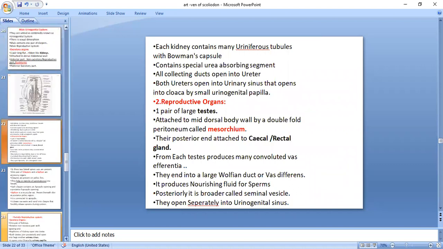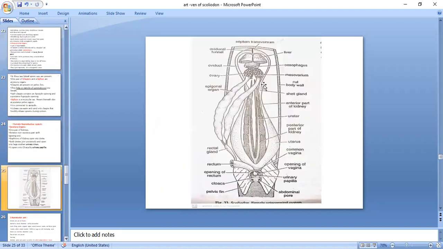Yes, so this anterior part is very, very less developed. The anterior part is a tapering edge, which is the non-excretory part, and it doesn't have any relation with reproduction.